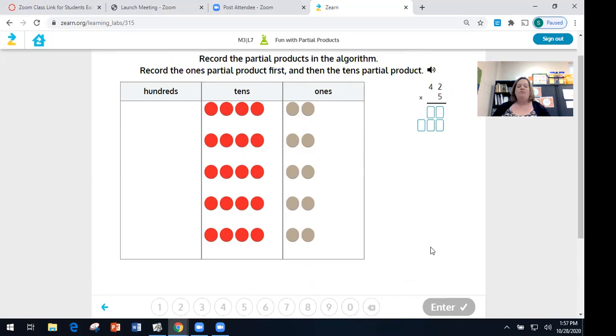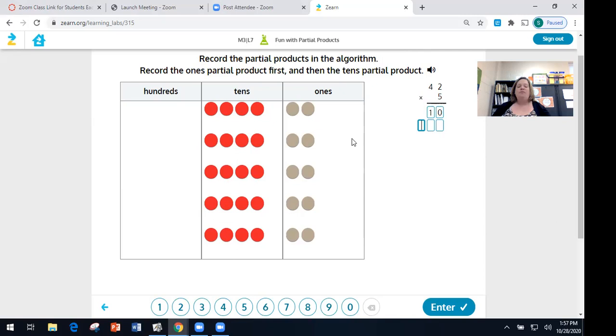Record your partial product in the algorithm. Record the ones and then the tens. So when we look at the ones, there are 2, 4, 6, 8, 10 ones, or we should just know that 5 times 2 is 10. When we count the tens up, we're not saying 5 times 4, we're saying 5 times 40, basically, because we're looking at 10, 20, 30, 40.